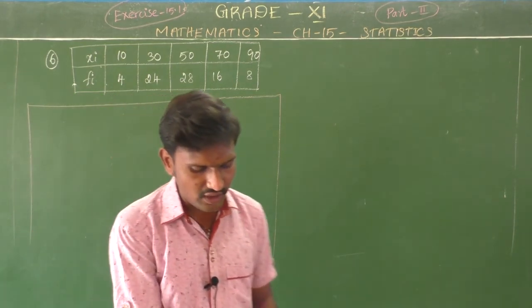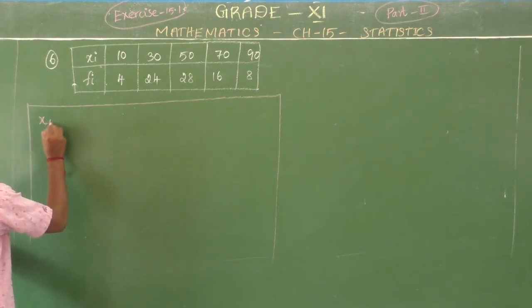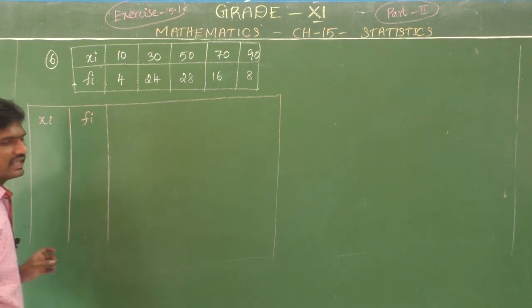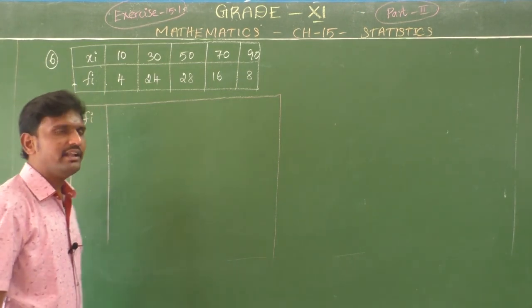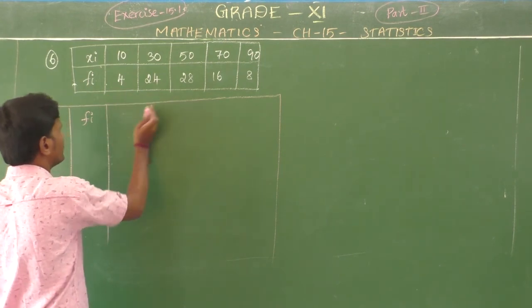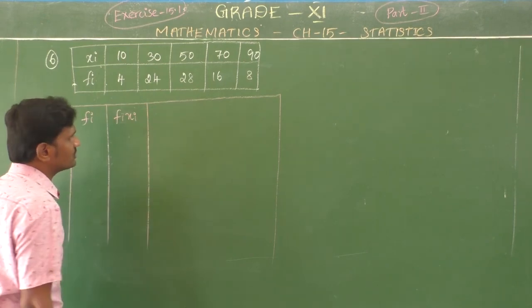So first what I am going to do: xi first, and then fi, and then xi fi, we are going to multiply these two.